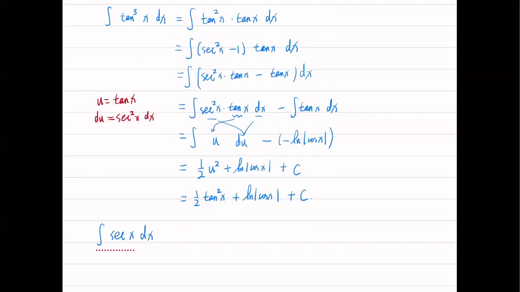Not easy, okay, just one, but where do we start? Okay, very good, let's try that. So by definition, secant is 1/cosine. Okay, we want to use substitution. What substitution should we make?